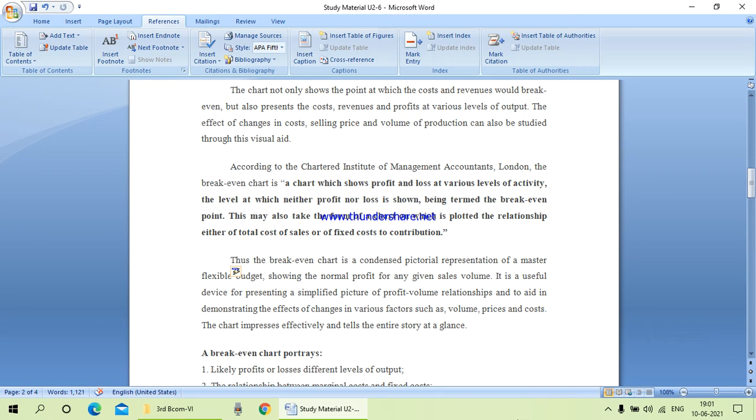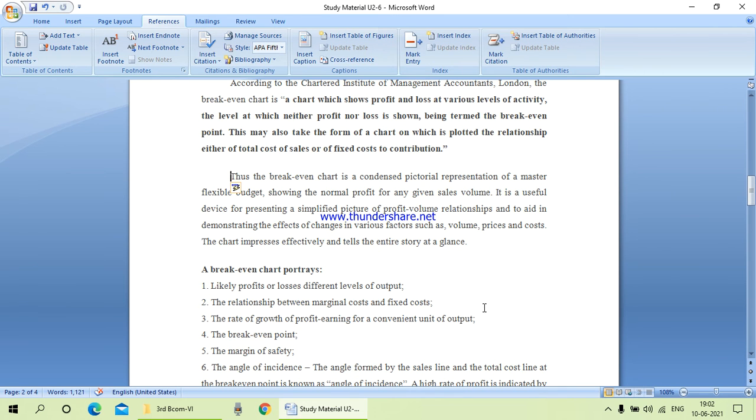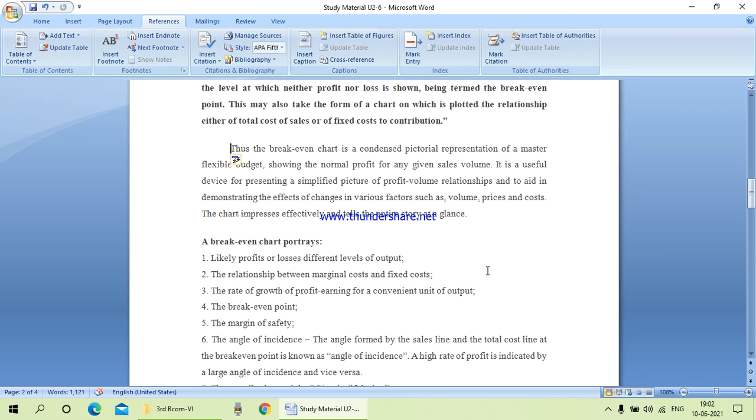The chart impresses effectively and tells the entire story at a glance. A break-even chart portrays likely profits or losses at different levels of output.